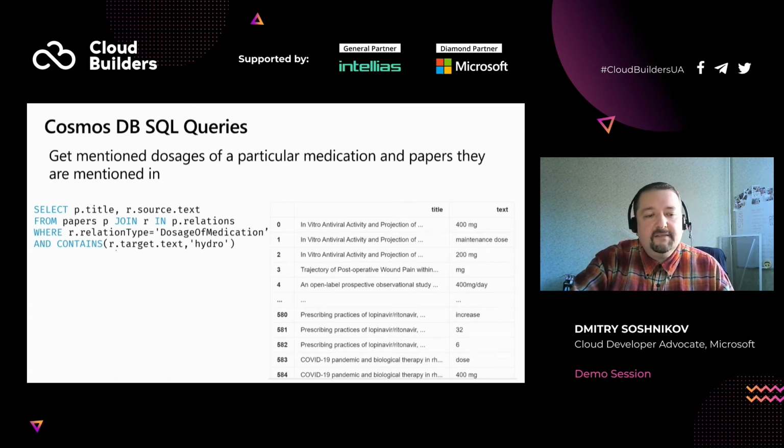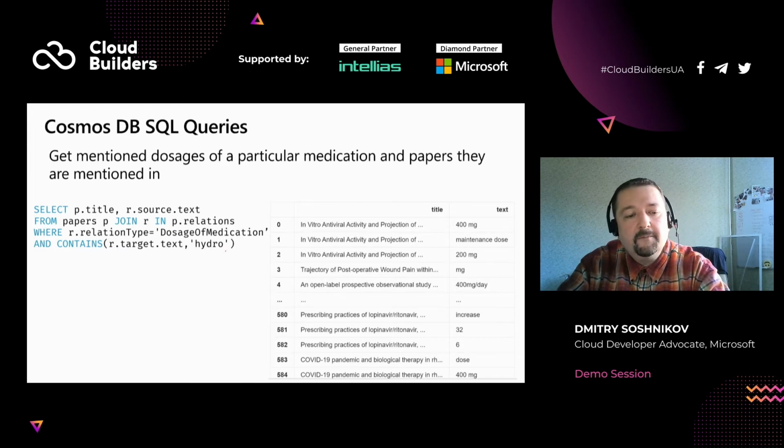For example, I can retrieve different dosages of medication. That is one common question that comes up: which dosage of medication is applicable in which scenario. For example, I want to get all the papers where different dosages of hydroxychloroquine, which is one of the first medicines used to treat COVID, are present.